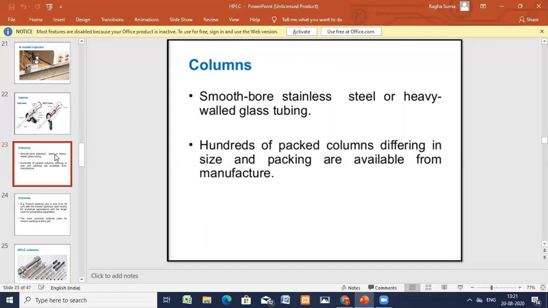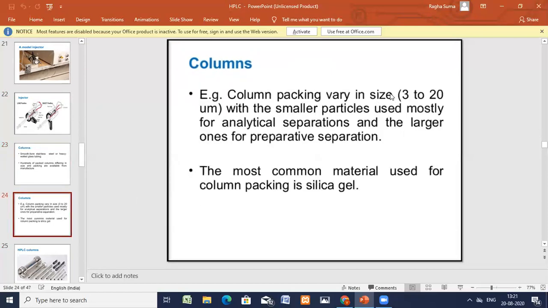Hundreds of packed columns differing in size and packing are available from manufacturers. For example, column packing generally varies in size from 3 to 20 micrometers, with small particles used mostly for analytical separations and the large ones for preparative separation.